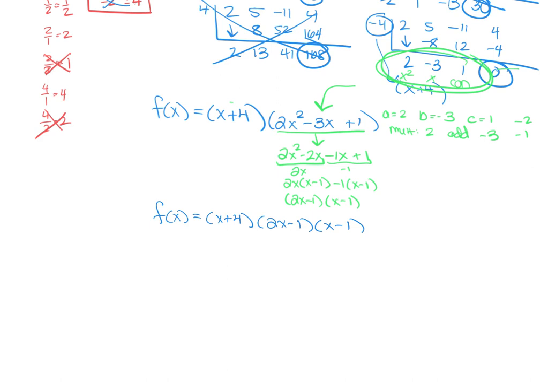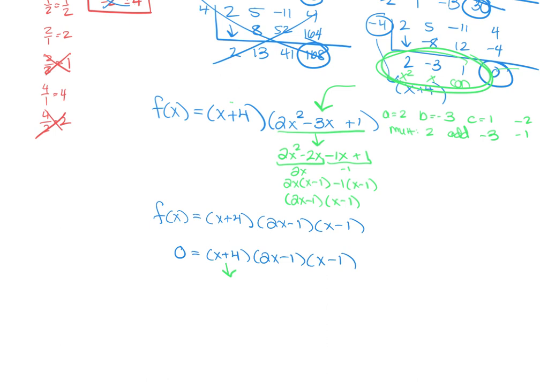So now what I can do is find all of my possible roots or all my possible solutions by setting this equal to 0. So now I just need to solve this to find all of the possible roots. So I set each little part equal to 0.